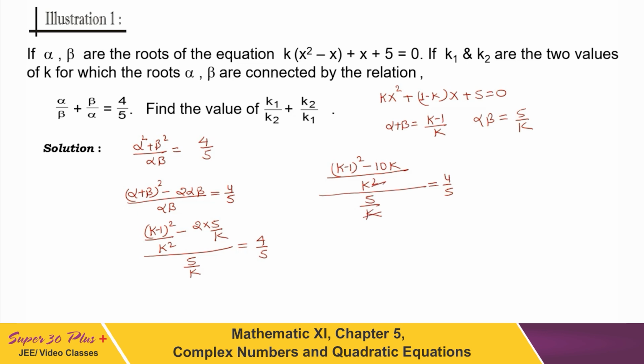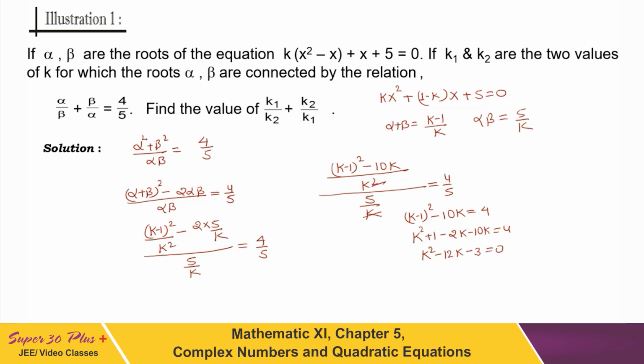The k cancels out and 5 also cancels out, meaning k minus 1 whole square minus 10k is equal to 4. Now simplify it. It is k square plus 1 minus 2k minus 10k is equal to 4. It is k square minus 12k minus 3 is equal to 0.